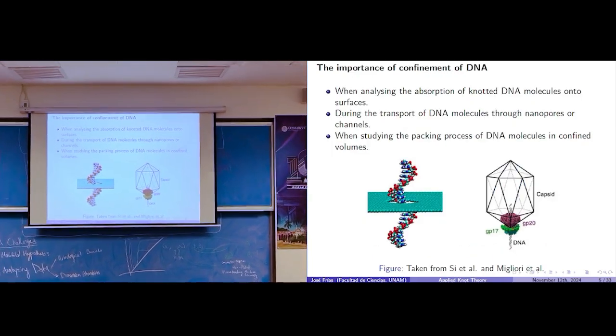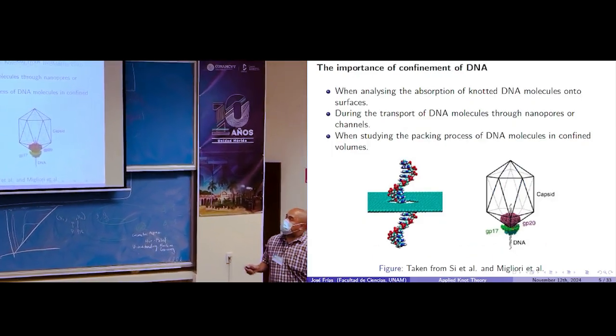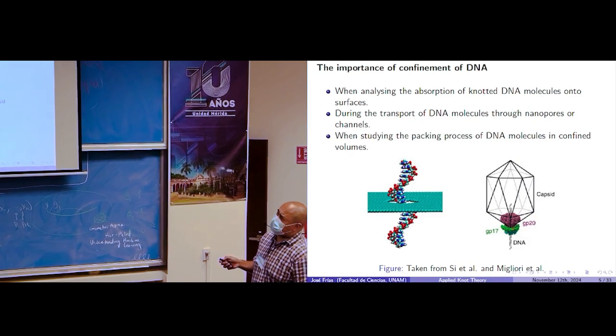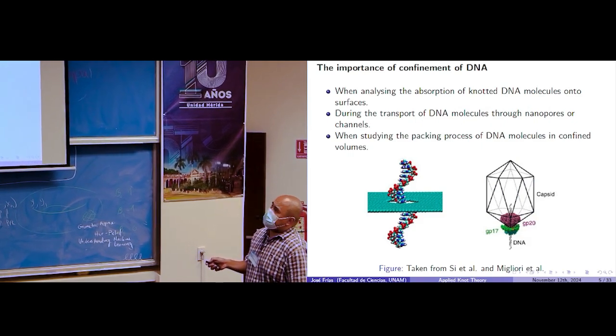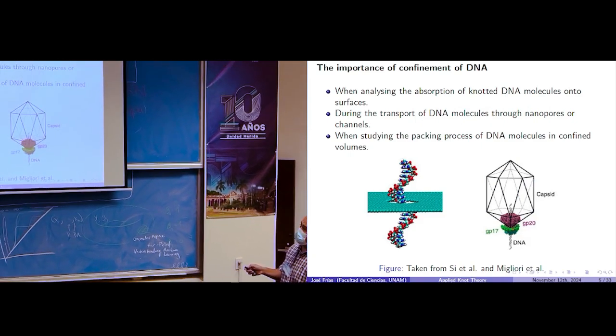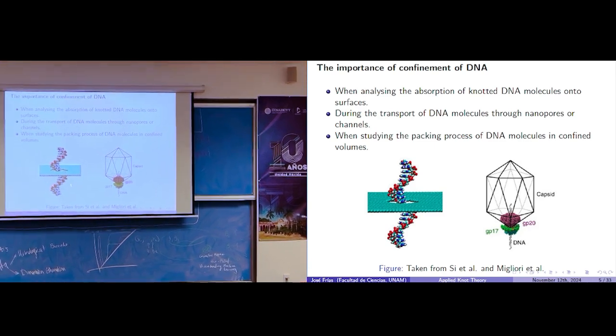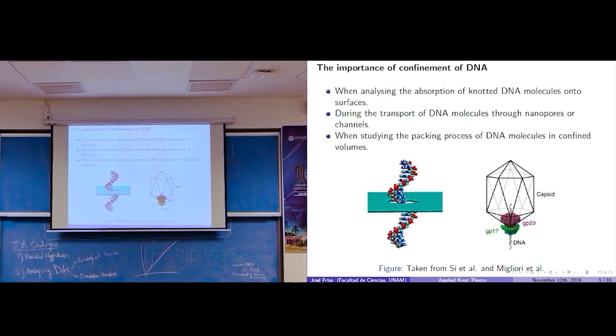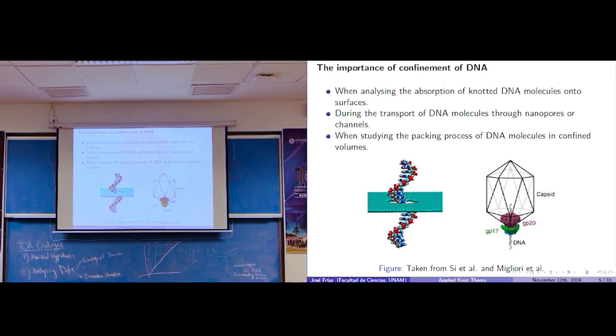Why is the confinement of DNA important? Well, I just mentioned some situations. For instance, when DNA molecules should go through some surface, which could be a cellular membrane or some synthetic surface, it's important to know how wide this molecule is, right?